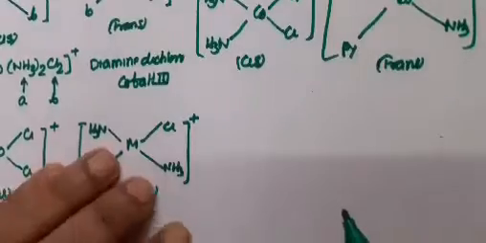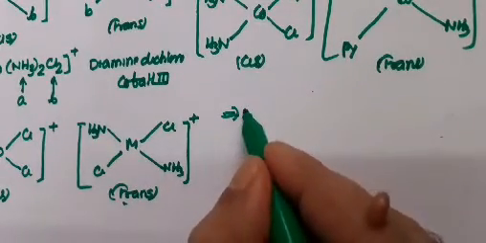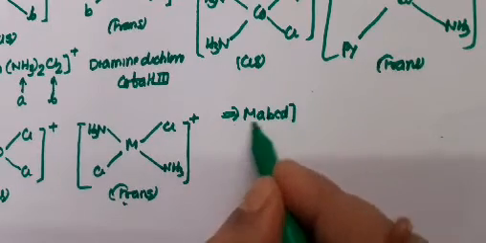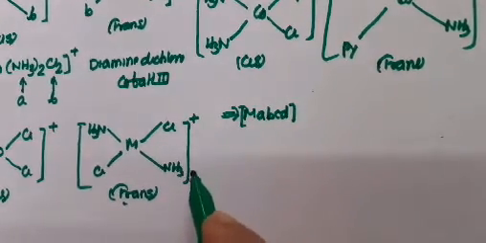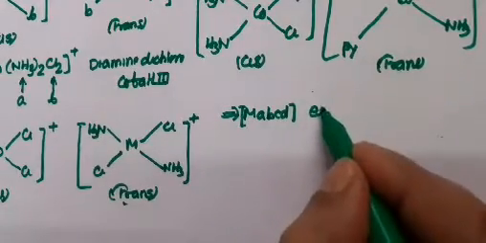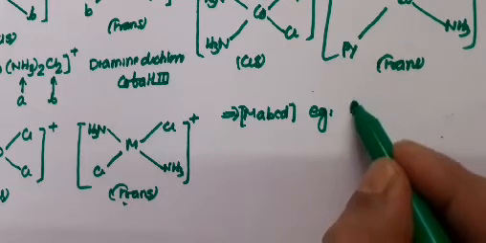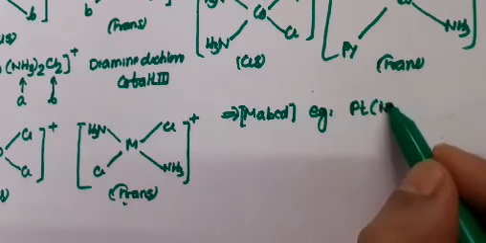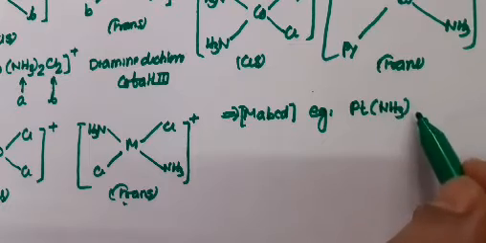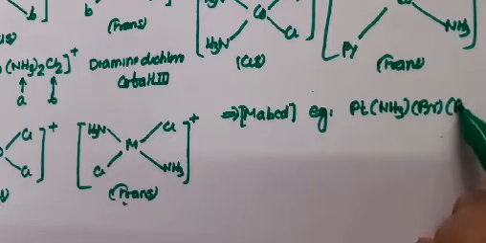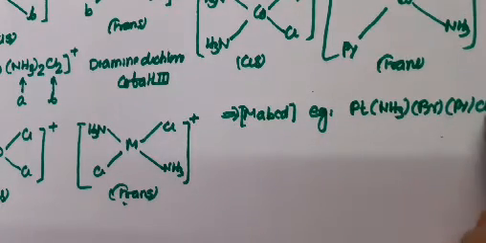There is another type, that is the MABCD type. Here you can see that all the ligands are different. We want to solve this directly by taking a particular example like this: [Pt(NH3)(Br)(py)(Cl)].